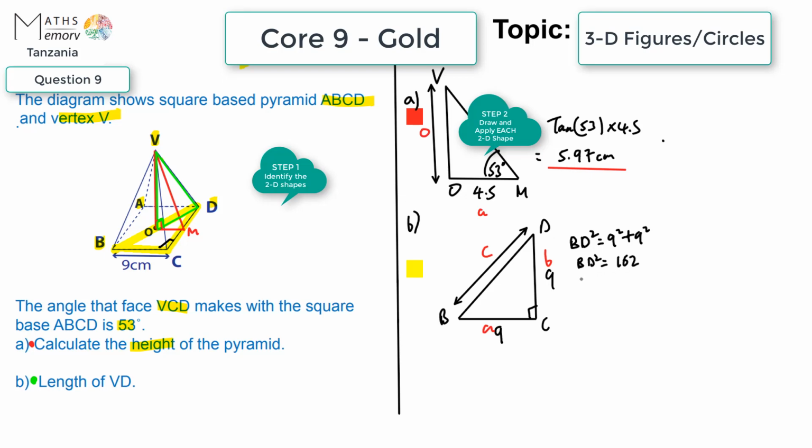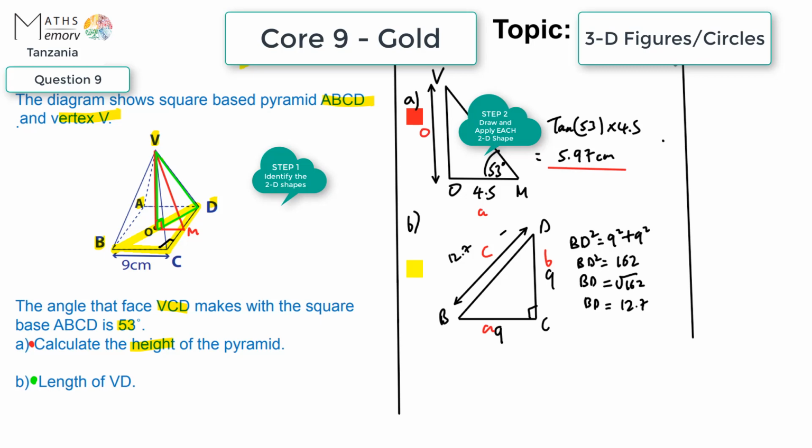Therefore, BD would be the square root of 162, which is 12.73, to 3 sig figs, 12.7 over here. Okay, so that's 12.7. OD is the next thing we're looking for, and OD has got to be half of that. That's the whole point of this. Sometimes we need one triangle to move on to the next.